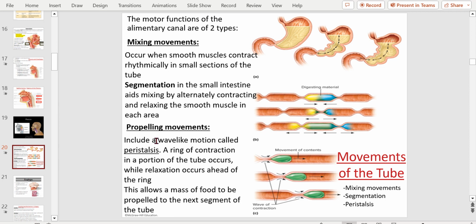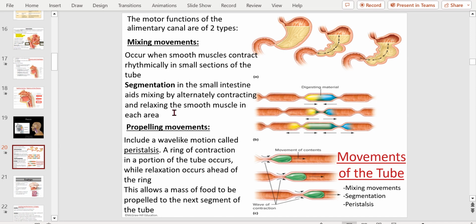The motor functions of the alimentary canal are of 2 types. Mixing movements, which include segmentation, and propelling movements. The mixing movements occur when the smooth muscle contracts rhythmically in small sections of the tube. You see what's going on here? There's your stomach, there's your intestine.